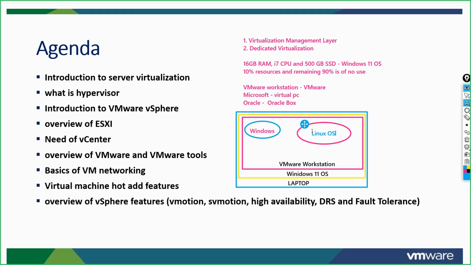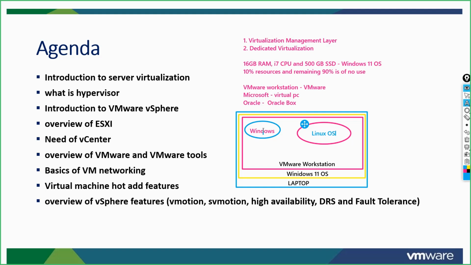Now, if you have installed the software, it allows you to create virtual machines inside it. You can install multiple virtual machines within this VMware Workstation. It can be a Windows operating system, a Linux operating system, or any other operating system using the free available space. When you install this operating system inside your VMware Workstation, for this Windows virtual machine you will be allocating the RAM, the CPU, and the hard disk.